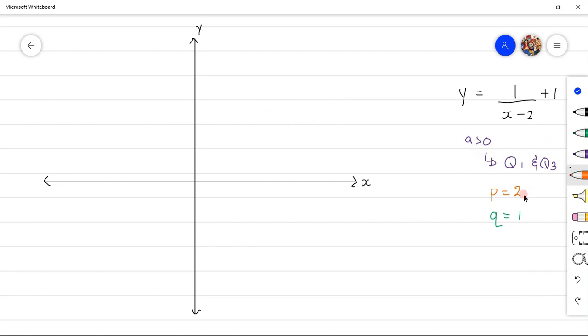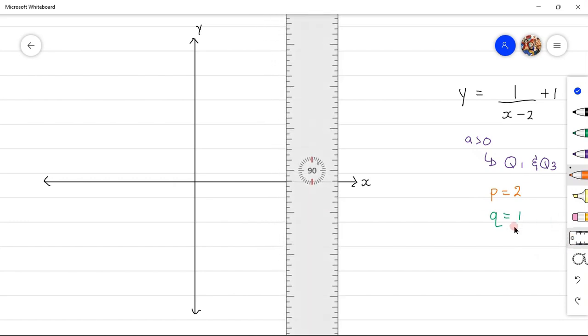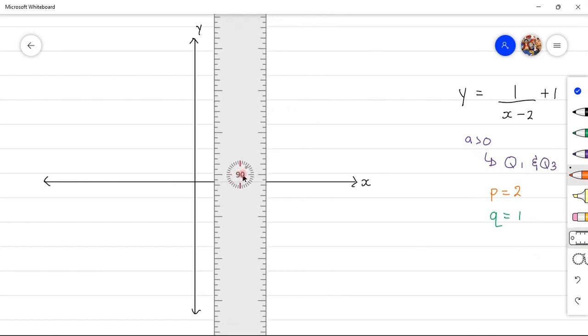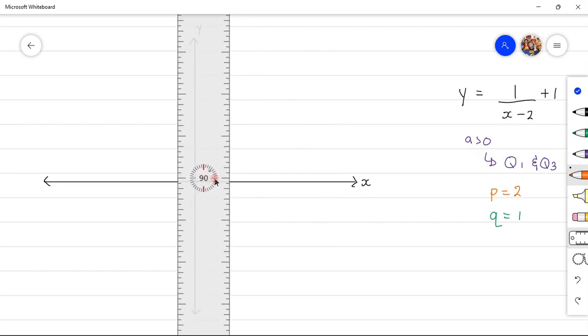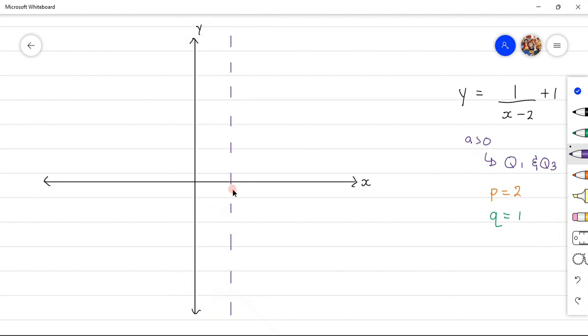So now that we have our value of P and our value of Q, let us draw our asymptotes. I'm going to start with my vertical asymptote, which is P, and that is at the position 2.